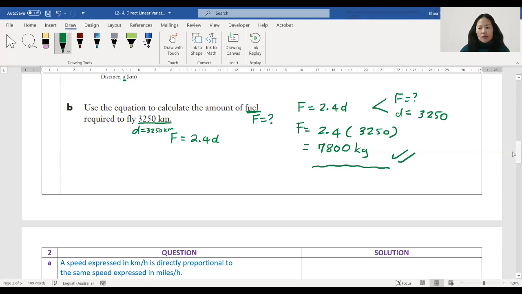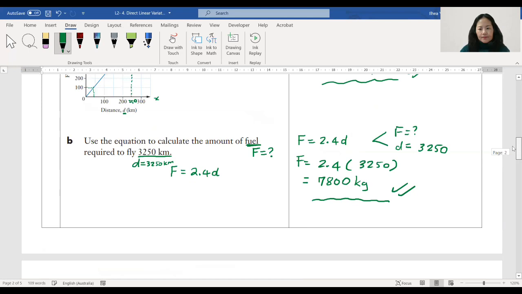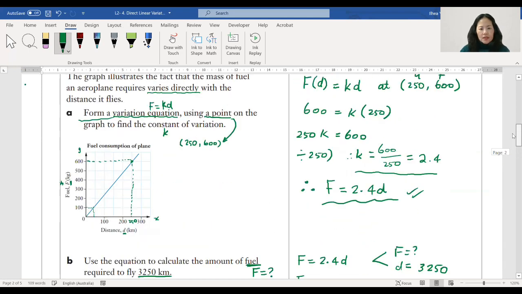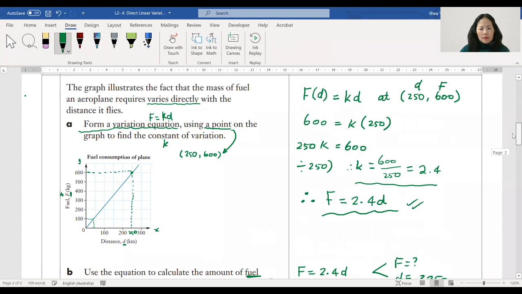It's all straightforward? No, I have a question, Miss. Yes, go ahead. Just one thing I was confused about. Could you scroll up 1 second? Here, up to here? If F equals 2.4D, because they traveled 250 kilometers, if that's not 1 kilometer, then why are we timesing that by the 3,000 thing? Does that make sense? I don't know. Maybe I'm just a bit confused.